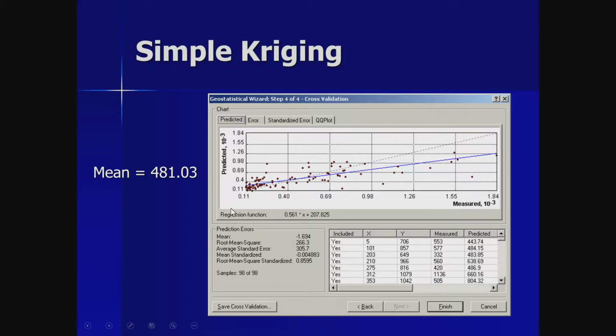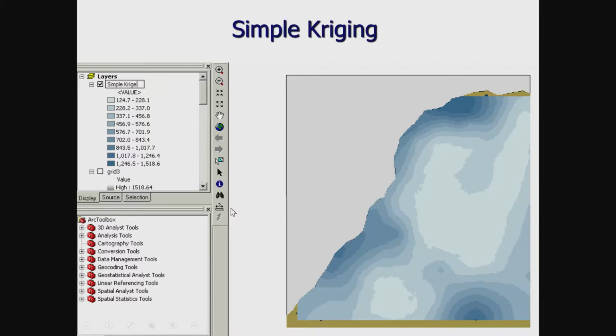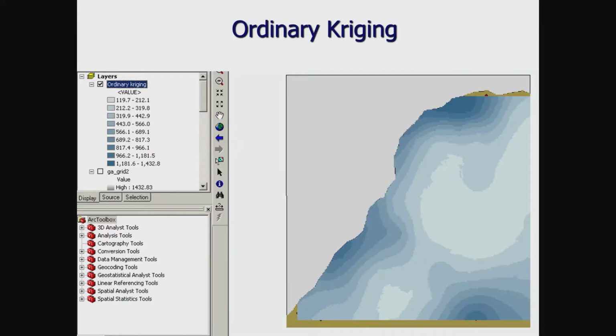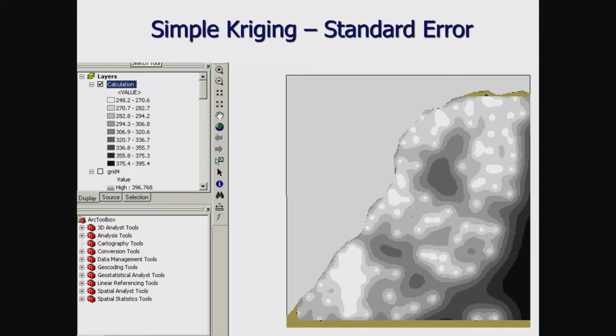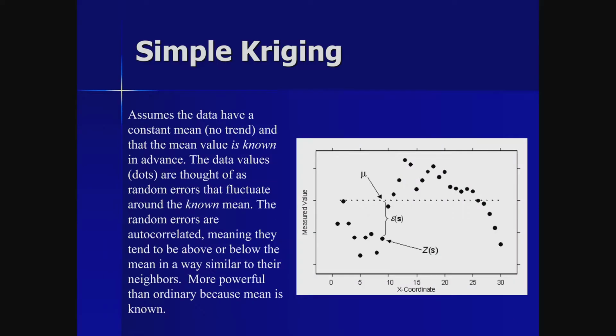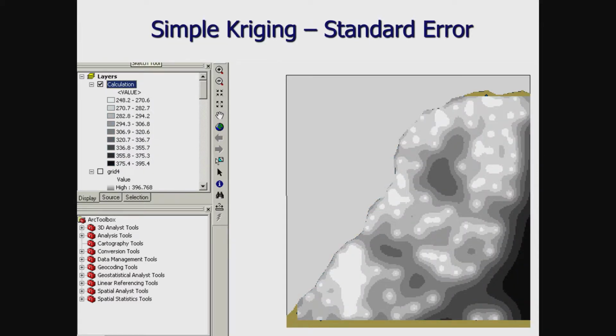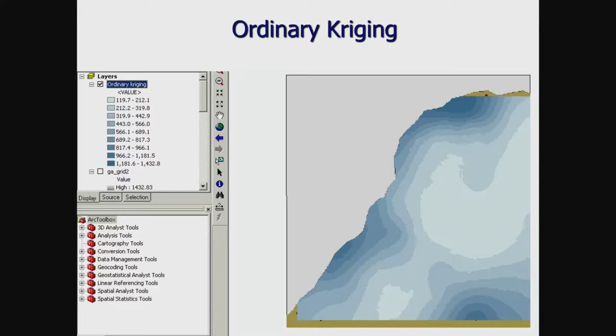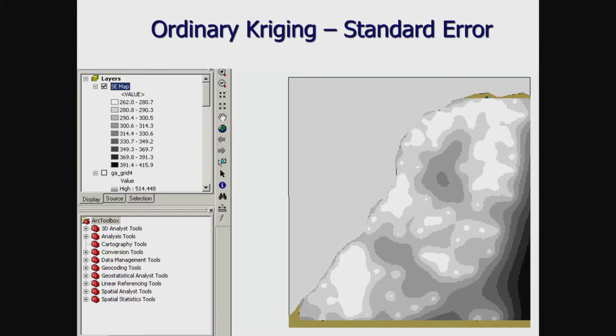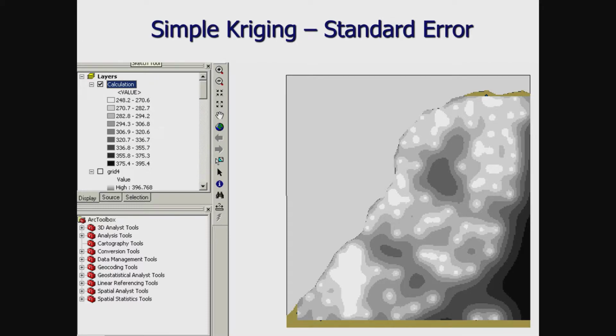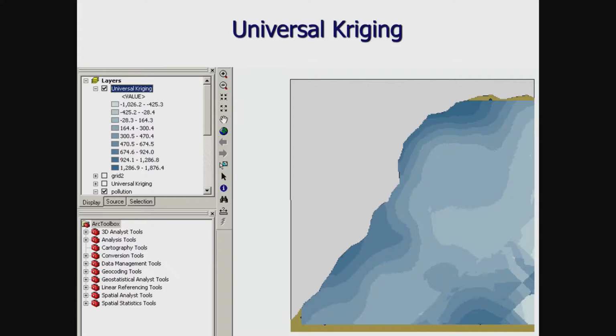So here you could get the same type of outputs. We've got almost the same standardized error. Here's simple kriging. It doesn't look much different than ordinary kriging in this case. Here's the standard error. The standard error is a little bit more detailed, okay? But it's actually wider. Not sure exactly why. 248. 264 to 280 is the lowest. Well, actually, let's look at the total range. 248 to 395.